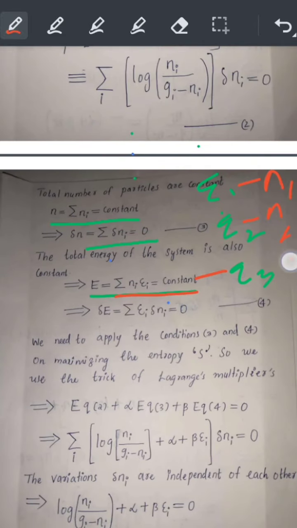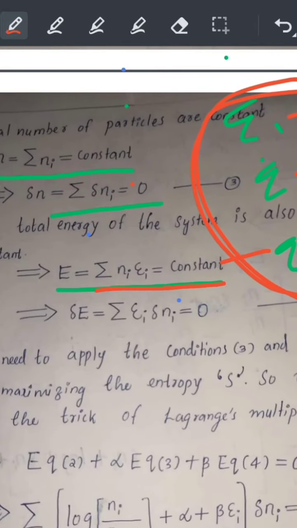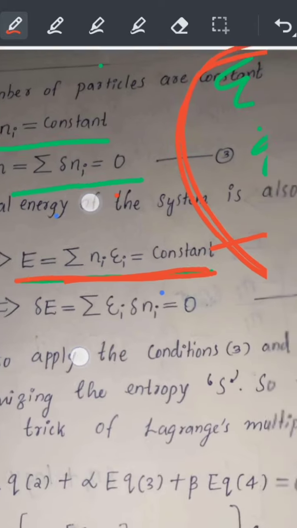Here we described only three energy levels, but in fact you have a lot of energy levels. So the total energy E is a constant. If you take the differential on both sides of this expression, you get differential of E is equal to summation over i ei delta ni, because ei has no change.